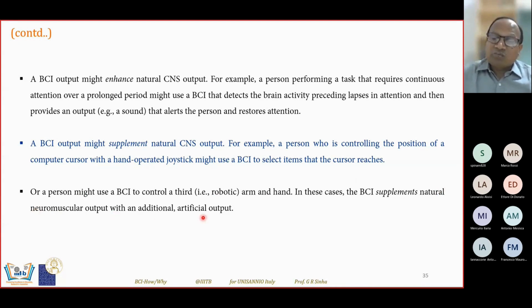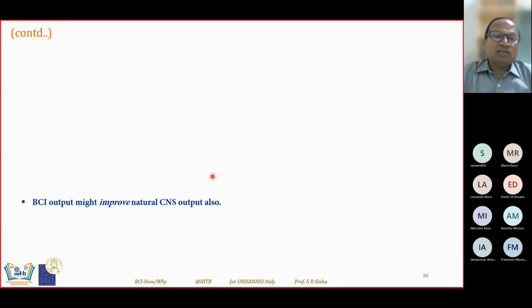Remember, in one of the previous diagrams it was written that the CNS generates either neuromuscular output or output which is not neuromuscular. And what is that output? Some additional output, like here, where robotic arms are given the command and are controlled to operate according to the brain signal. So this is how the BCI works.